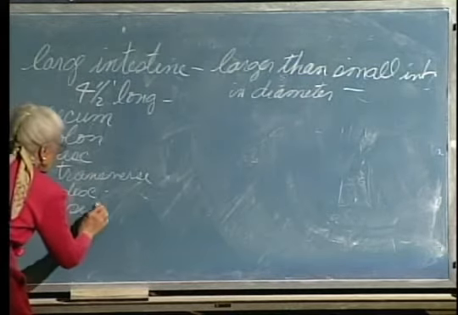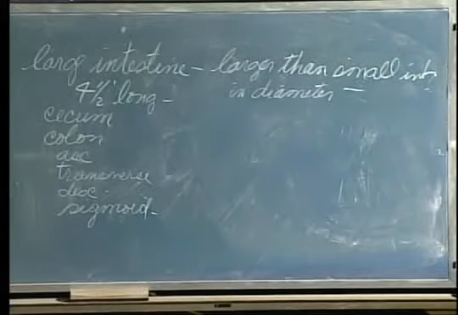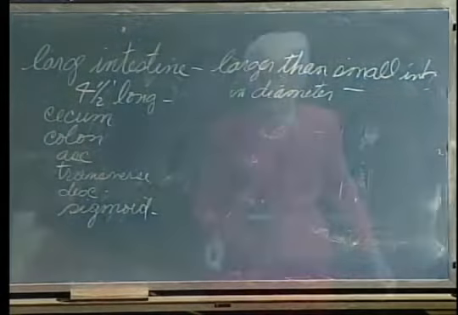Sigmoid. Where did we have a sigmoid structure before? The venous sinuses in the skull, right? Remember those? The sigmoid sinus. Here we've got a sigmoid colon, so it's S-shaped.